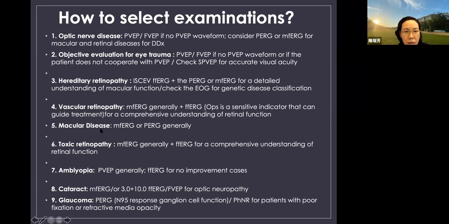Macular disease, we know, is a localized cone rod, and also cone rod may be an RPE disorder. Multifocal ERG and pattern ERG are the best choice.